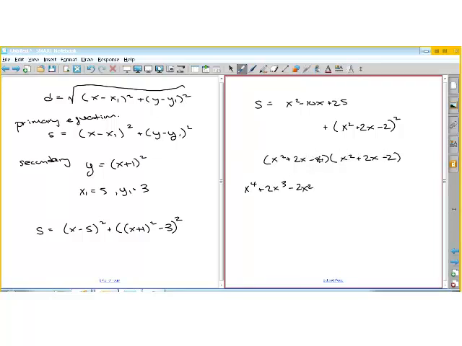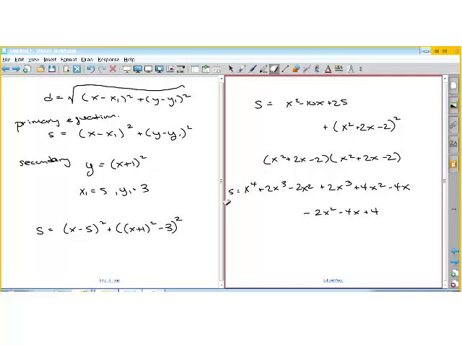Okay, that's this times each one of those. And then we go to the next one. So you get plus 2x cubed plus 4x squared minus 4x. So that's this times each one of those. And then finally, you'll get negative 2x squared minus 4x plus 4. Okay. So that's what it is equal to.